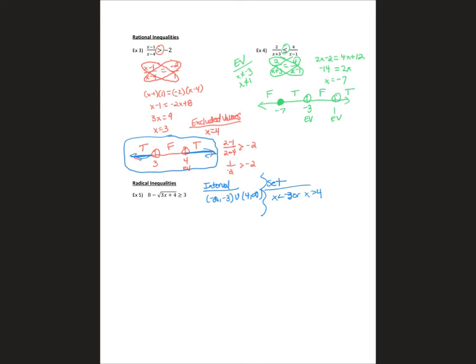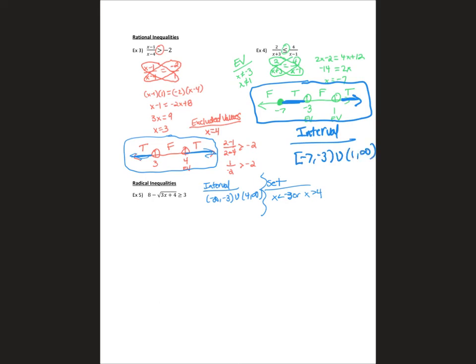So our intervals that are included in this given inequality are from negative 7 to negative 3 and 1 to infinity. So that would be my solution set represented by the number line. Interval notation would be negative 7 included to negative 3 not included, union 1 not included, to infinity not included.